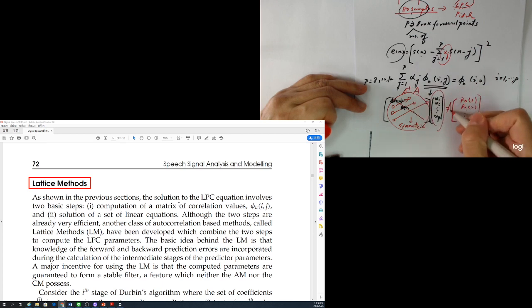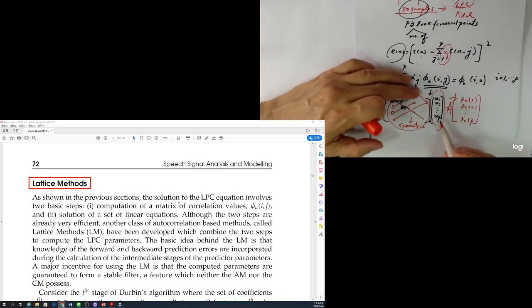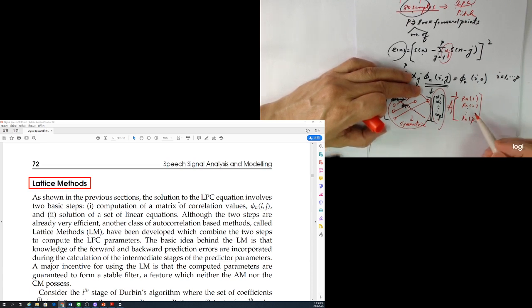Then R1, R2, Rp become A inverse multiplied by this vector, and we can get the result.